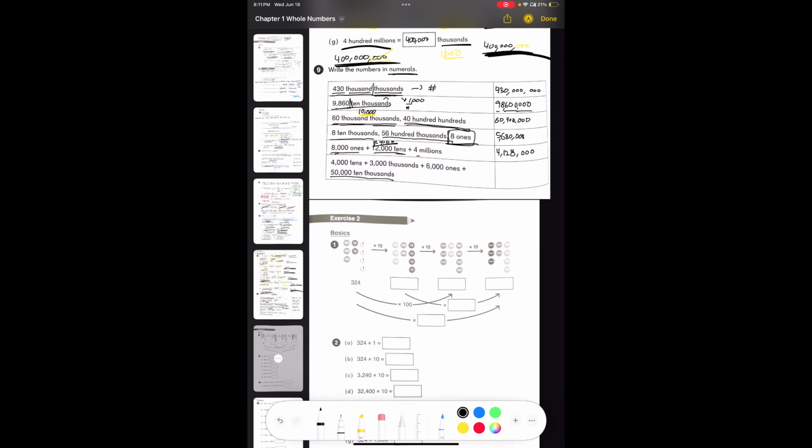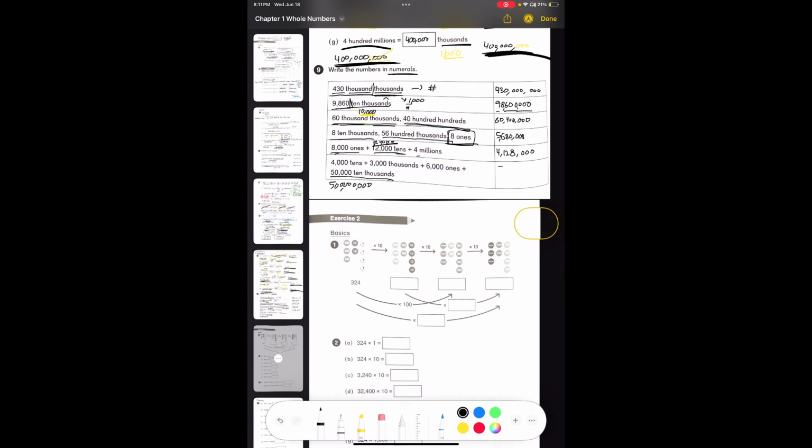Same thing here. 50,000 10,000s. Well, what's that? 50,000, and 10,000 is another 0, 0, 0, 0. Boom. 500 million.